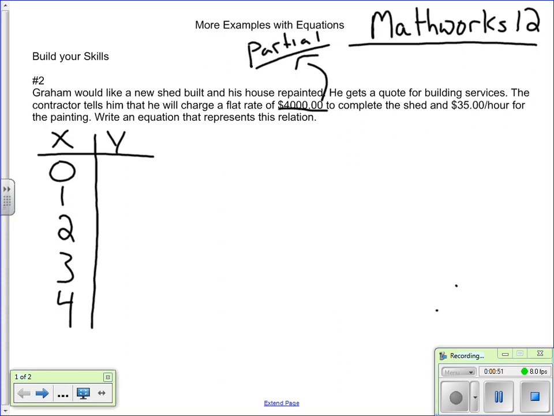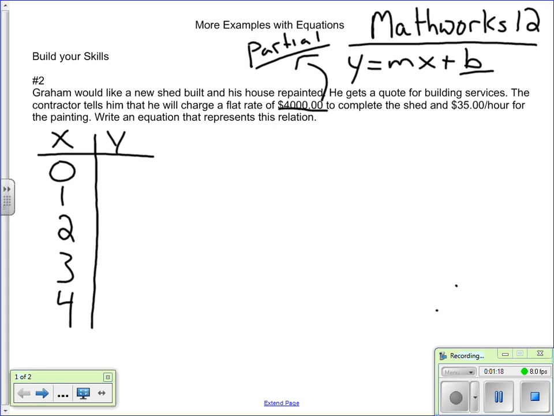And remember, we're going to be using a different equation to solve partial linear relations, because the b essentially takes into account the flat rate. We're going to look at some examples, and then you'll have a chance to practice some more of these.